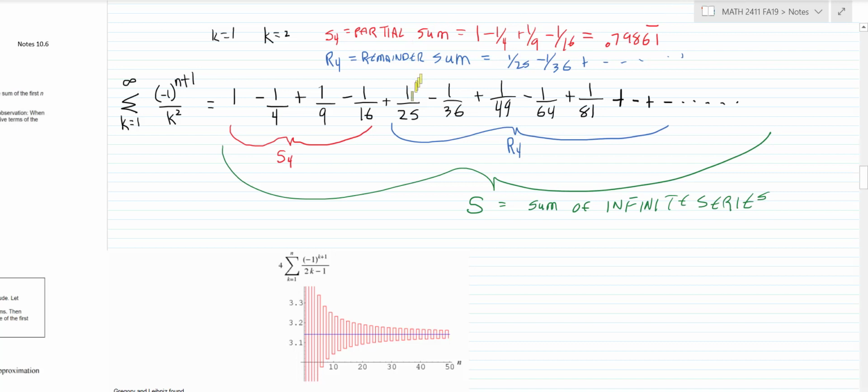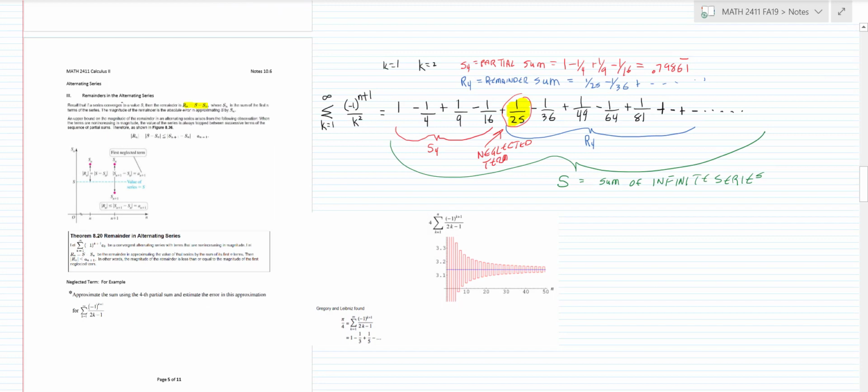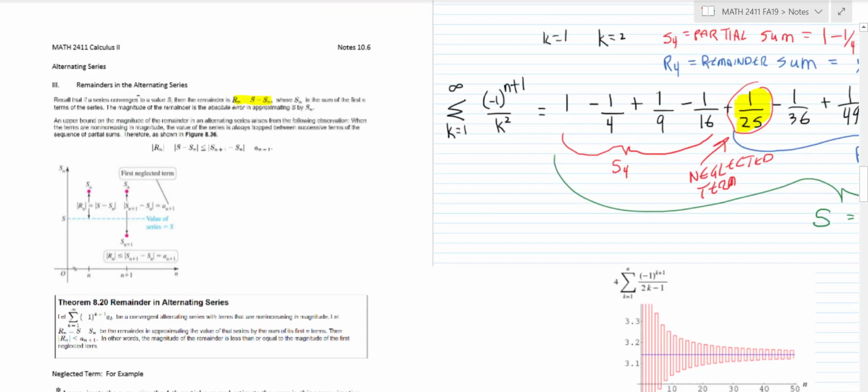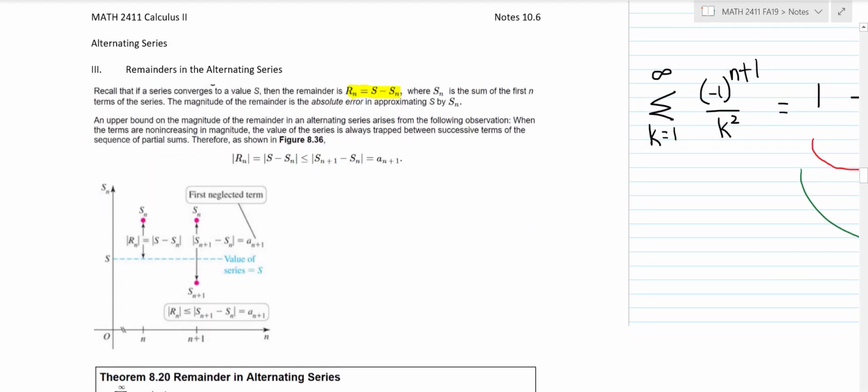And then this term right here is going to be what we call the neglected term. Okay, that's after S of 4, so that's what we call the neglected term. All right, so far so good. Okay, just a little bit of terminology on this then. All right, so if we go over kind of to our definition now, we're going to look at what a few things mean in these definitions then.